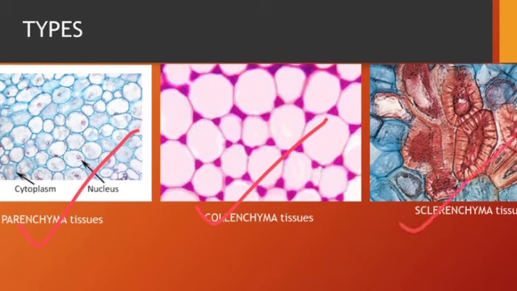And the third one is sclerenchymatous tissue that gives support and rigidity so that the plant will stand erect. So these are the three types of permanent supporting tissues. In the next video we'll be studying conducting tissues.